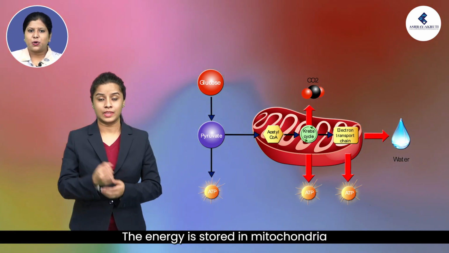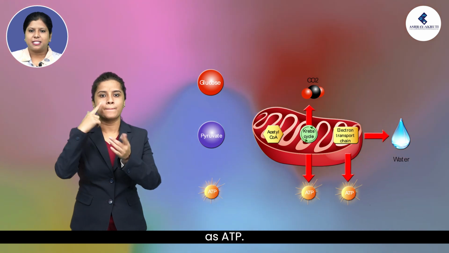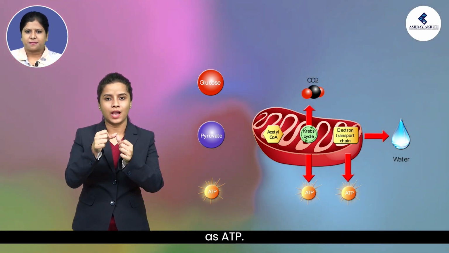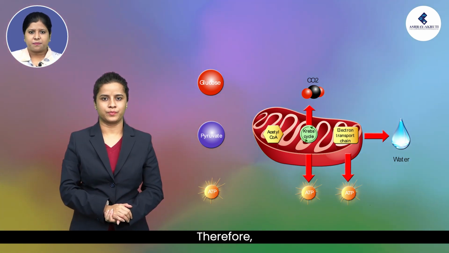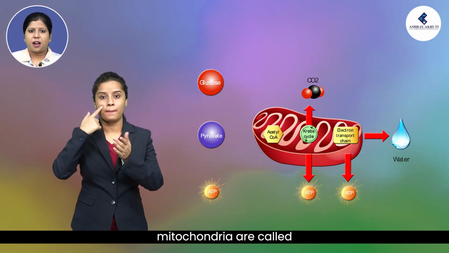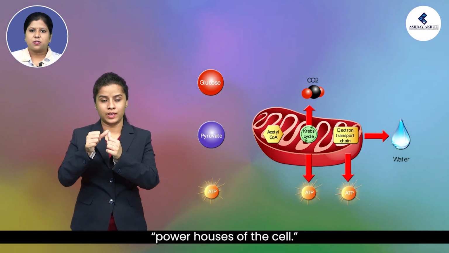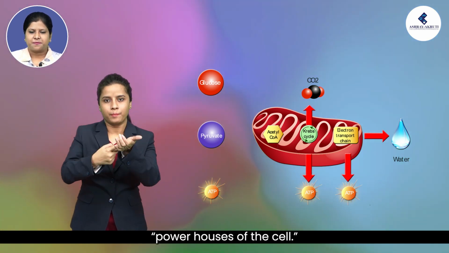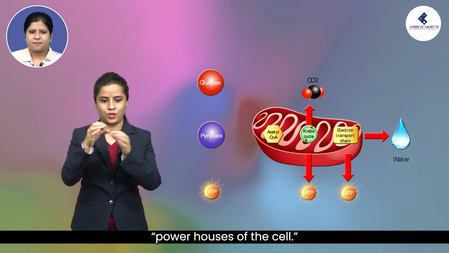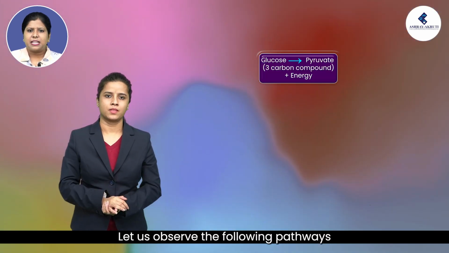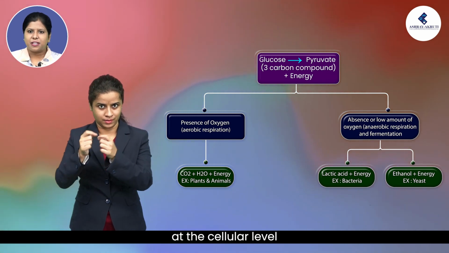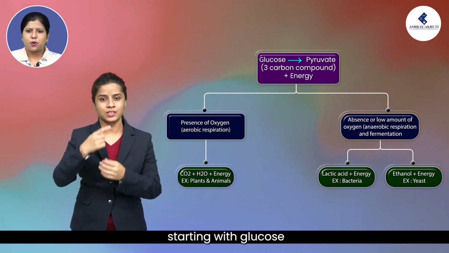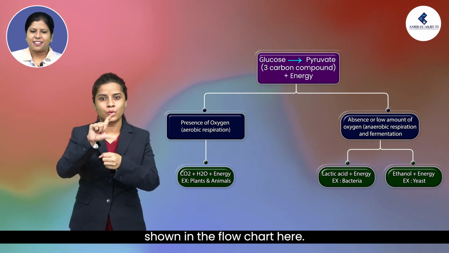The energy is stored in mitochondria as ATP. Therefore, mitochondria are called powerhouses of the cell. Let us observe the following pathways at the cellular level, starting with glucose shown in the flow chart here.